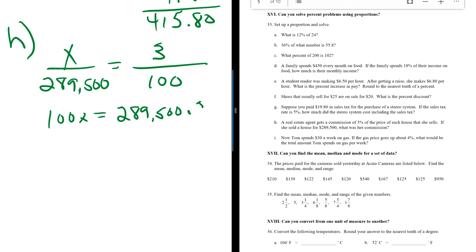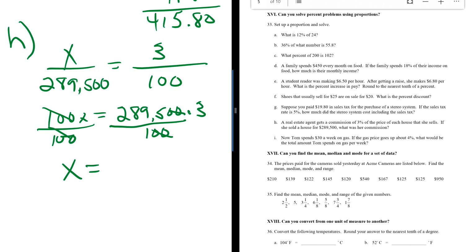And again, I'm doing this with method to my madness because I see zeros here. So I'm going to divide both sides by 100, and I'll divide this one only by 100. That big number. So I got X equals, my 2 zeros cross out here.